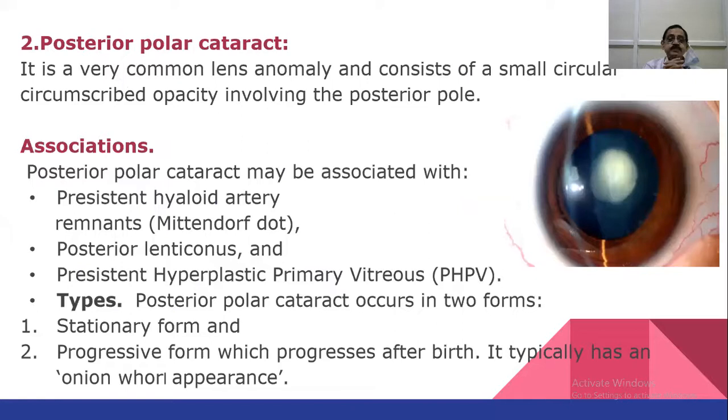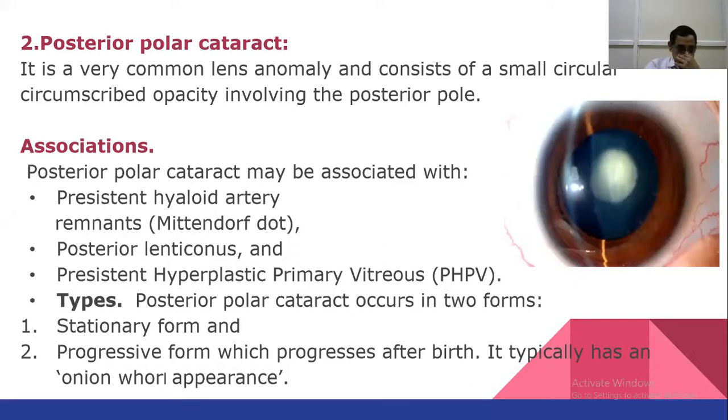The second one is posterior polar cataract. It is a very common lens anomaly and consists of a small circular circumscribed opacity involving the posterior pole. Associations: posterior polar cataract may be associated with persistent hyaloid artery remnants. Please remember, posterior polar cataract and posterior capsular cataract both may be associated with persistent hyaloid artery remnants.